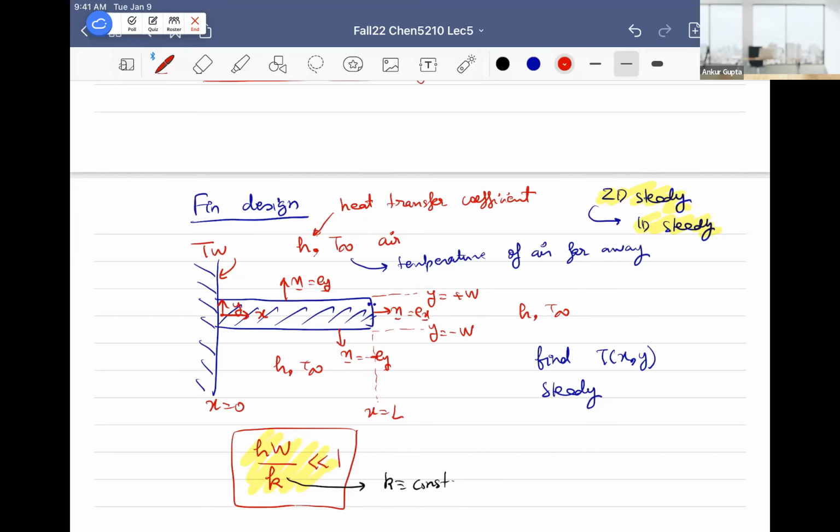Oh no, no, this is my definition. All I'm saying is only one part is equal to this.